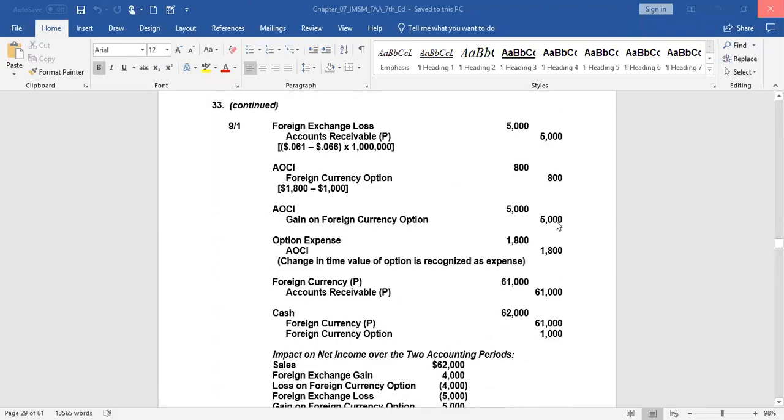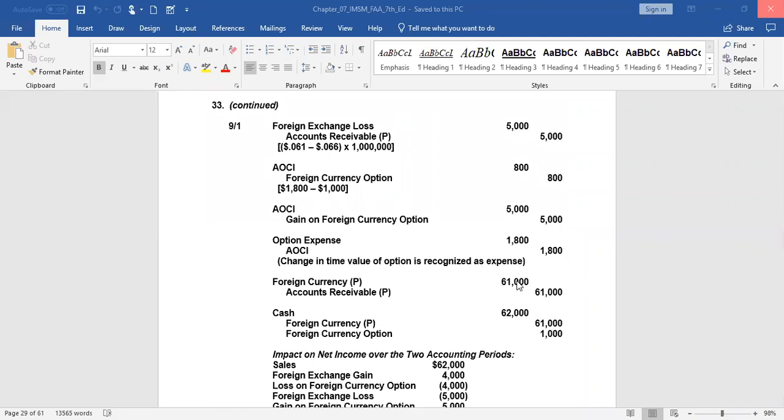Now, where does that come into play? Well, keep going. On September 1st, we transfer our accounts receivable to a foreign currency account. So we credit accounts receivable at its current value of 61,000, the current spot rate on the day we received the cash or the pesos, and we debit foreign currency.